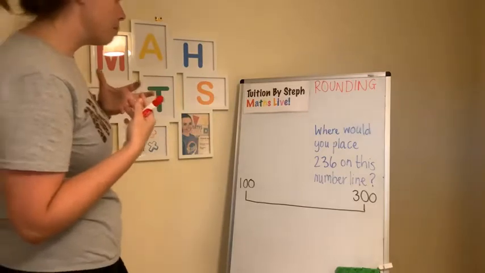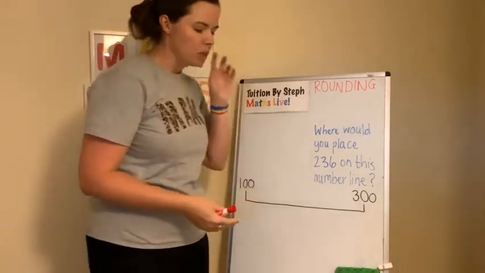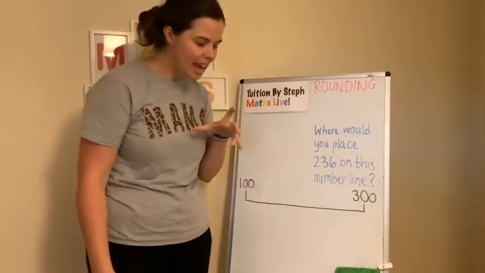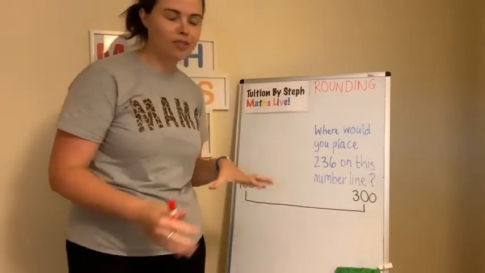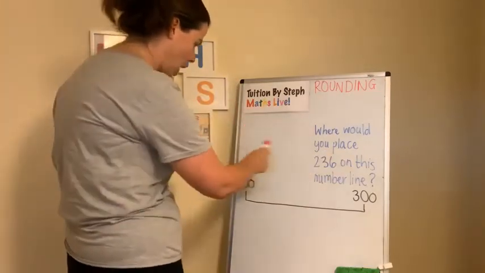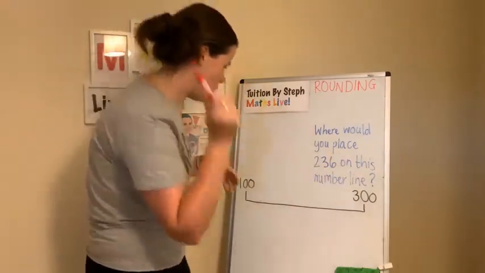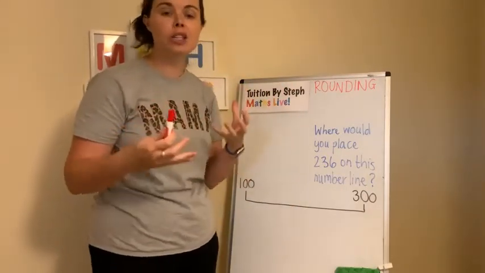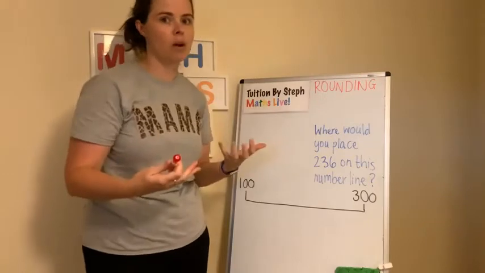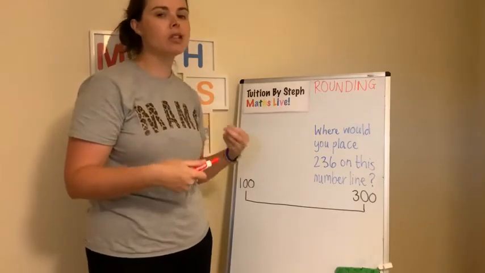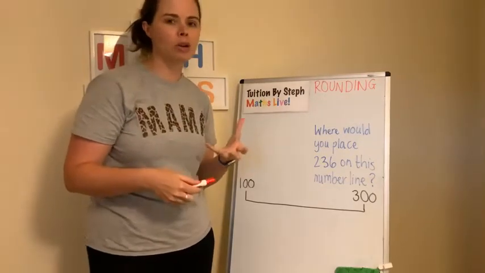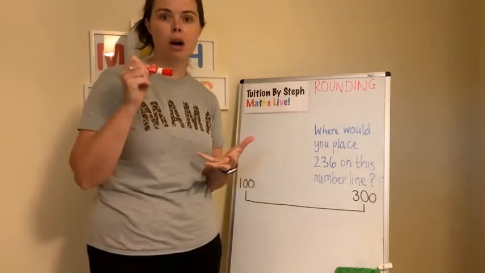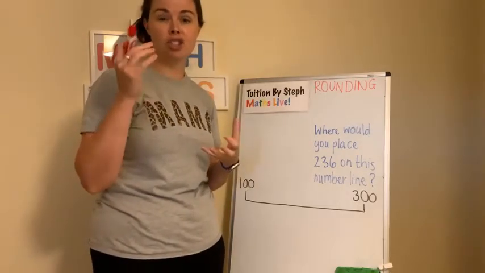So, placing a number on the number line. Now, the main skill here is you do not have to just look at the number line and put a mark somewhere. My question might say, place an arrow on the number line. It doesn't mean you can't make other small marks or increments to help you.